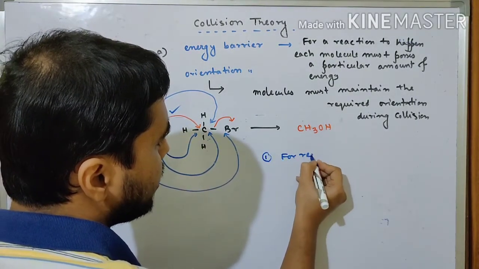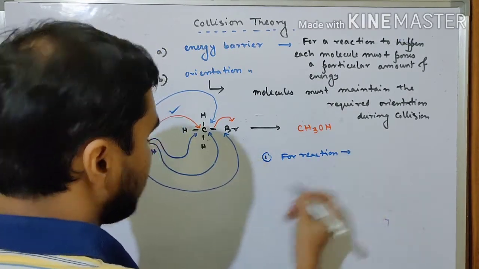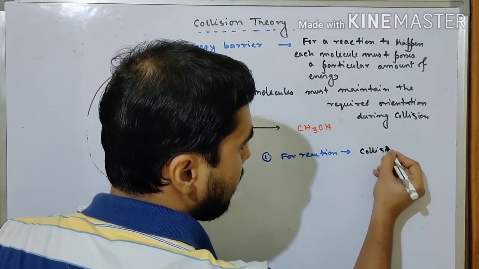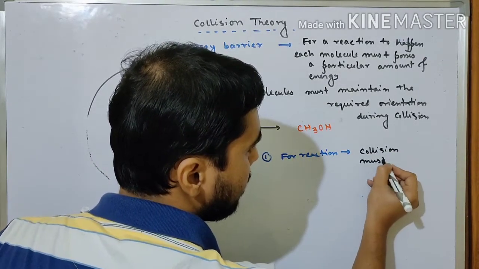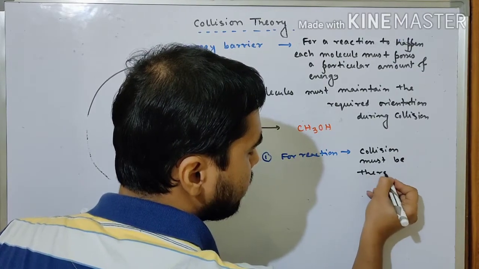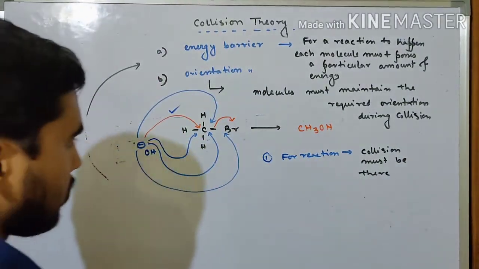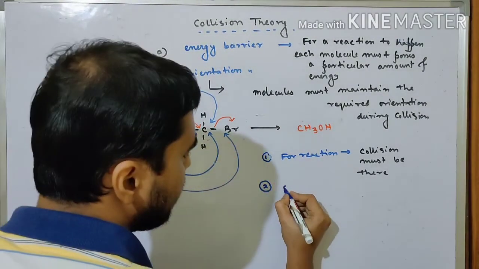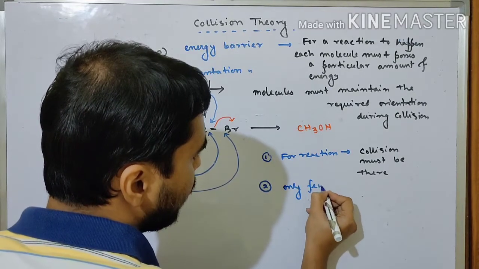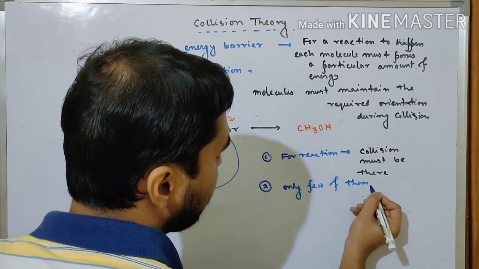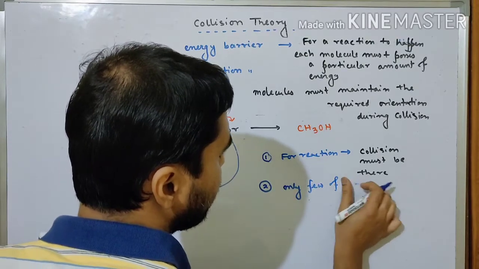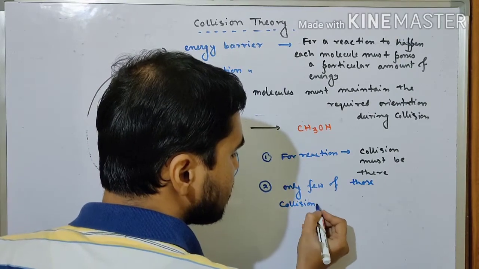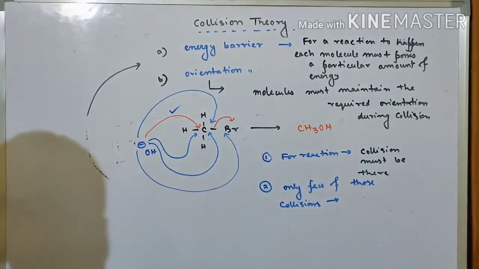For a reaction to occur, the collision must be there. Next, out of all those collisions, only few of those collisions are called effective collisions.